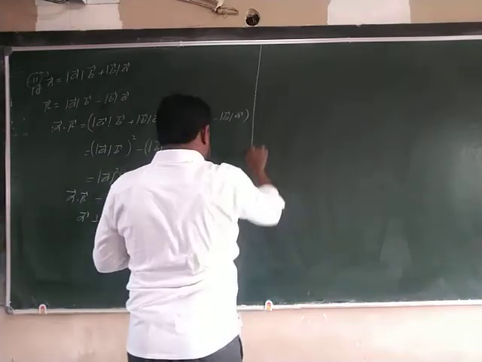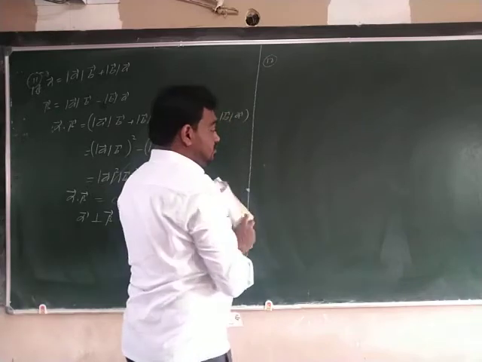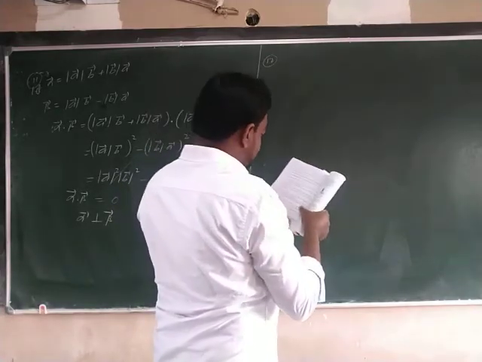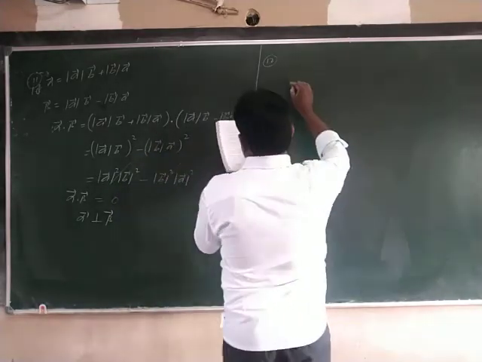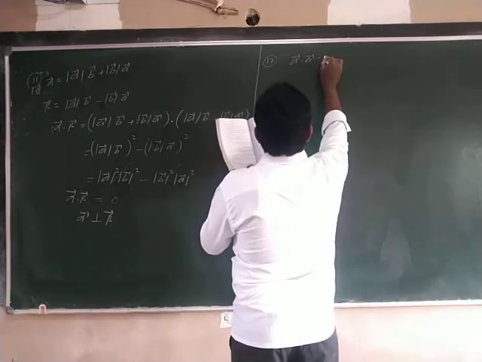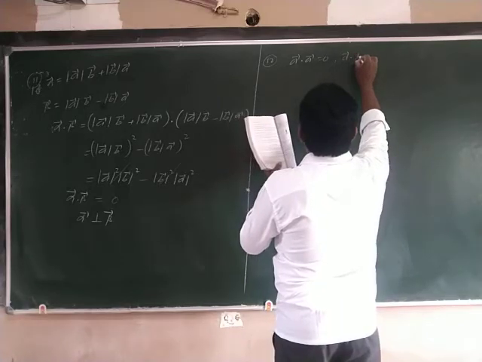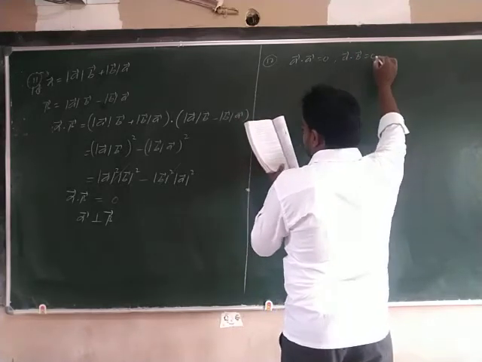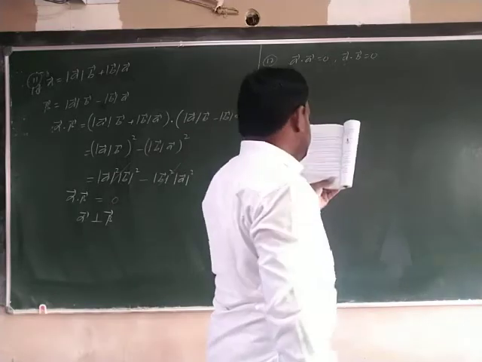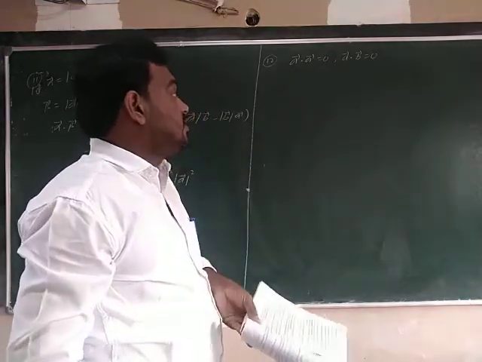Next, the 12th question. If vector A dot vector A is equal to 0 and vector A dot vector B is equal to 0, then what can we conclude about the vector B?